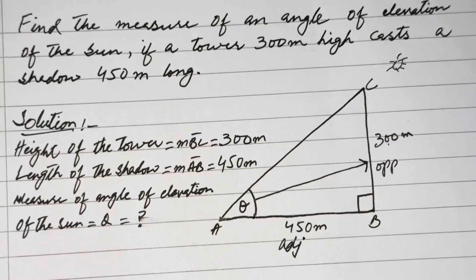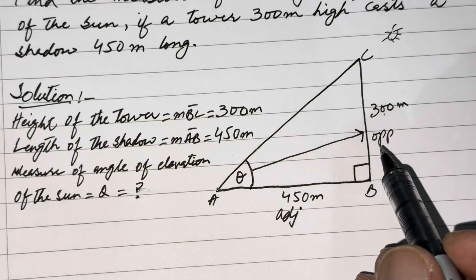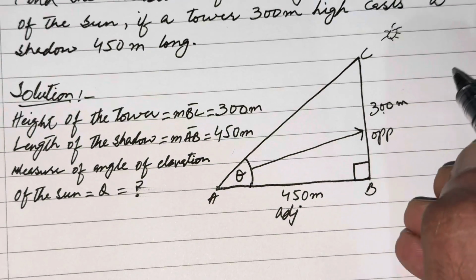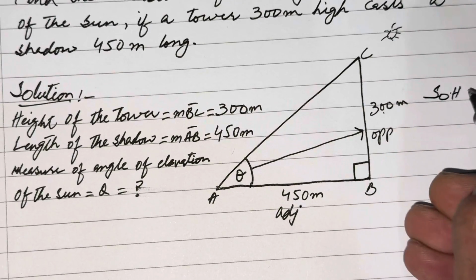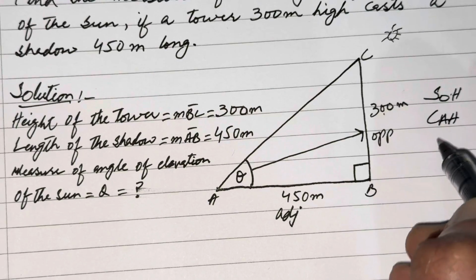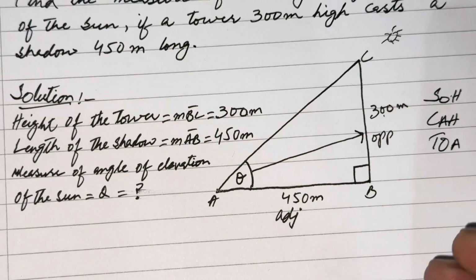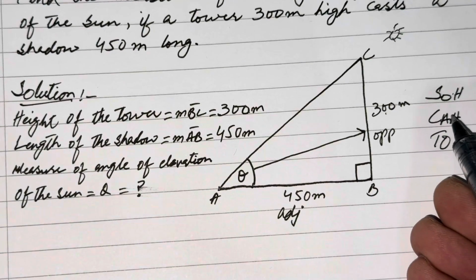When we talk about the trigonometric ratios, if you remember, these are represented by the magical words SOH CAH TOA.